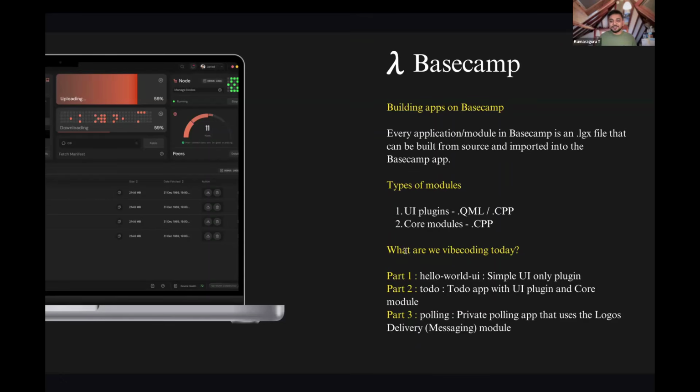And today we will be vibe coding three things. The first one is the Hello World UI, which is a simple UI-only plugin. There's no core module in it. And then there's a to-do app where you have a core module and a UI plugin. The UI plugin here is the front end that is being served, and the core module is the logic used for saving to-dos, making sure the to-dos are checked or unchecked based on user interactions, and persisting the data across different sessions.